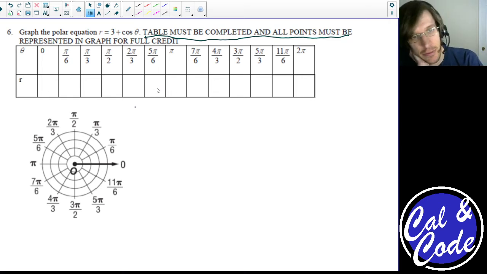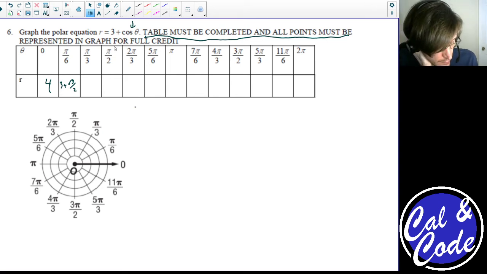So first thing I got to do is put in the values. If I put in 0, I get 3 plus 1, which is 4. When I put in pi sixth, I get 3 plus √3 over 2, which we're going to work out as a decimal equivalent.